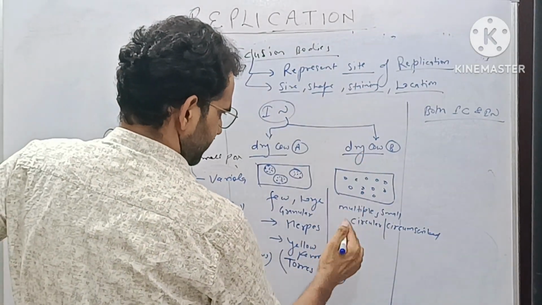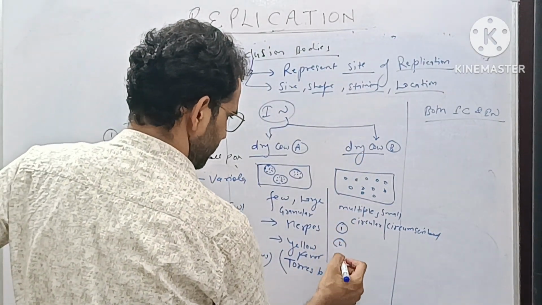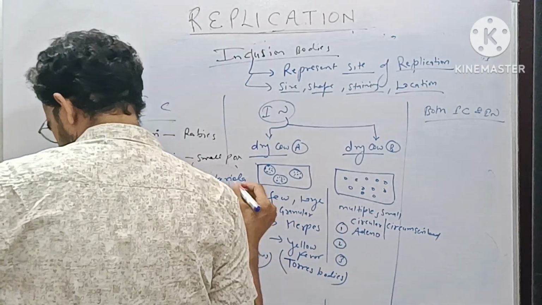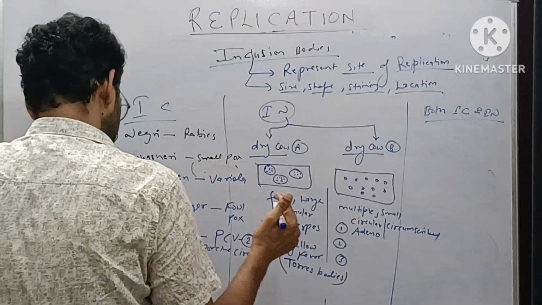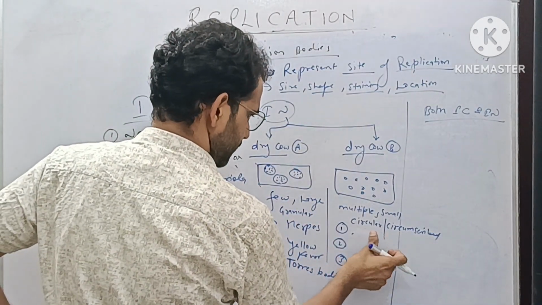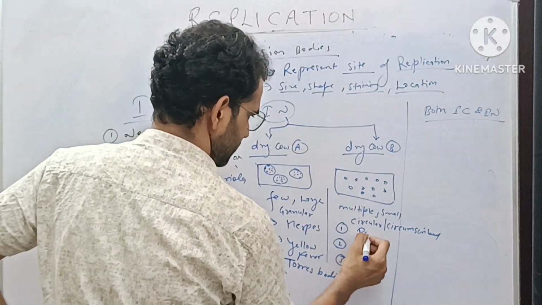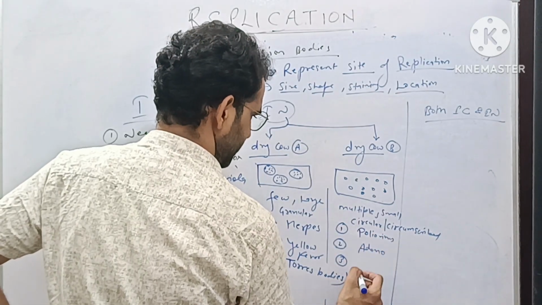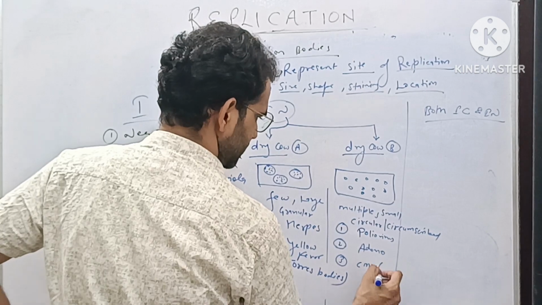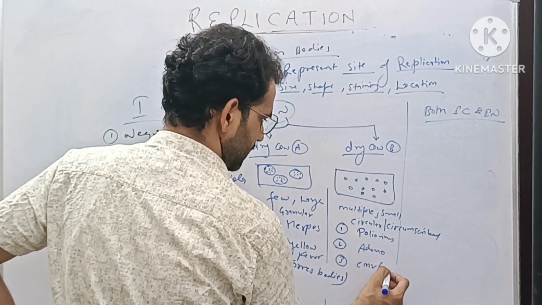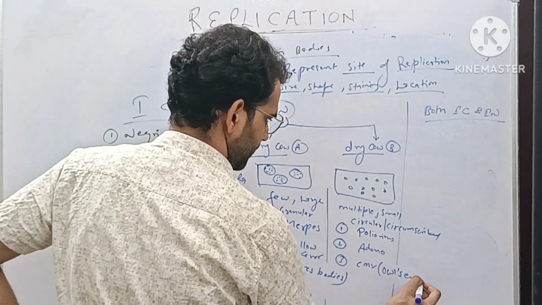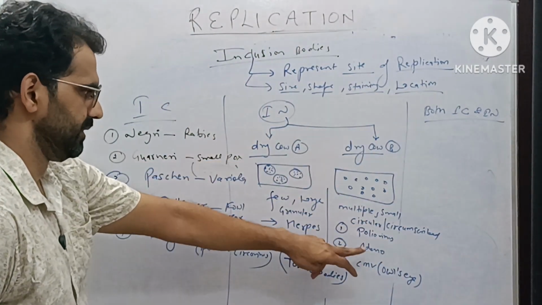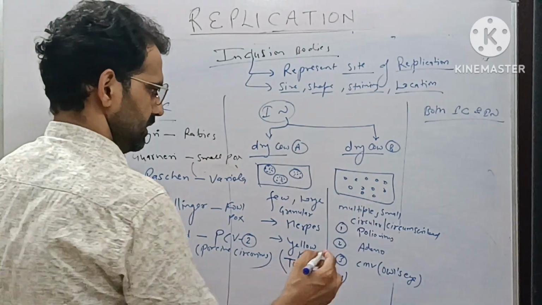Type B examples are poliovirus, adenoviruses, and cytomegalovirus, which has an owl's eye appearance. So there are 3 examples of Cowdry type B: polio, adeno and CMV.